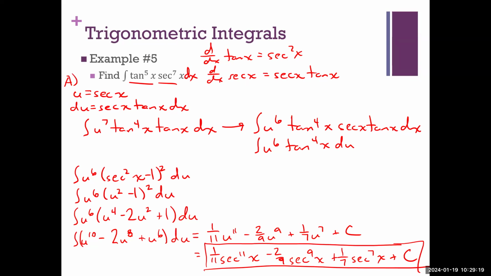Choice A, which is u equals secant x, and choice B, which we didn't write down, but I should now, u equals tangent x, du equals secant squared of x. So basically, knowing that we're trying to work toward a substitution, once we choose something for u, the du gets chosen for us. So basically, what we're looking for is this: am I going to be able to get to secant to the 1st tangent to the 1st of x?